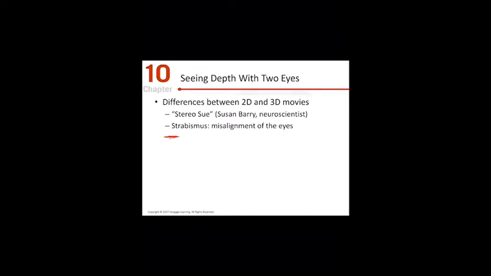And so with Stereo Sue or Susan Berry, when she started doing exercises to strengthen her weaker eye, she began to see in stereoscopic vision, and that was very odd for her to experience because she never experienced that in real life before. Kind of imagine putting on 3D glasses for the first time and seeing what looks like a 2D image, like a movie, start to jump out at you.